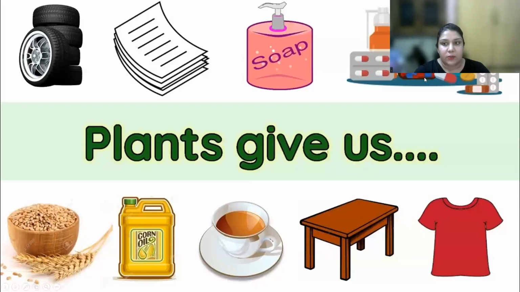So our first slide shows this: what all do plants give us? See, we all know that a plant holds a lot of importance to a human being, to the environment, to each and every person on this planet. Plants are the most important, most crucial things that we need to protect.